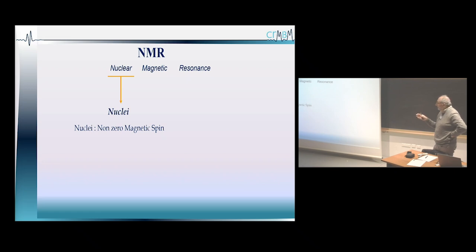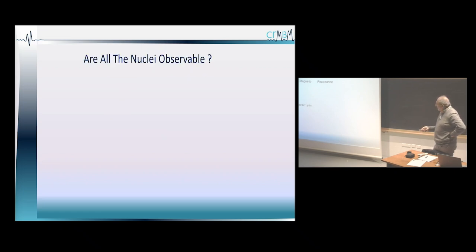Whether it would be imaging or spectroscopy, it doesn't matter, but you wouldn't see it. So the question: are all the nuclei observable? I already gave you the answer. The answer is no. And maybe number one will be a proton, because as I've shown you, when you do imaging, it's imaging of proton from water and fat.